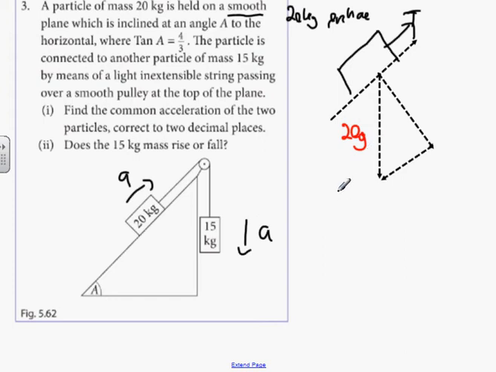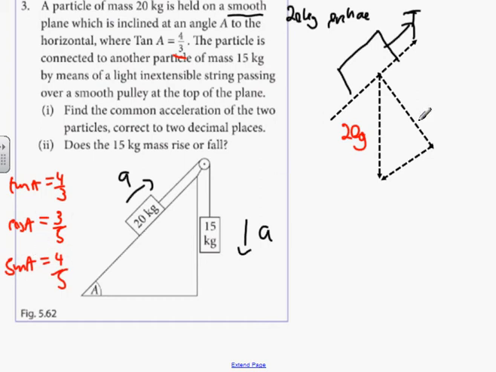You're good. We also know that tan A is 4/3. Hypotenuse is going to be 5, so that means that cos A is 3/5, and sin A is 4/5. I'm trusting you guys to be able to take care of that.